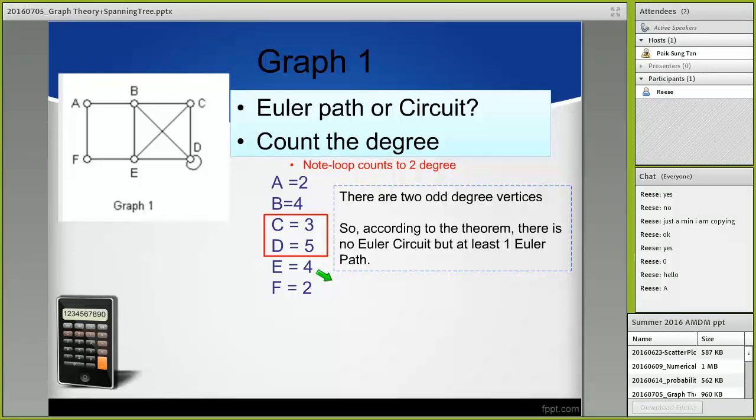So you can either start at C and end at D, or start at D and end at C.